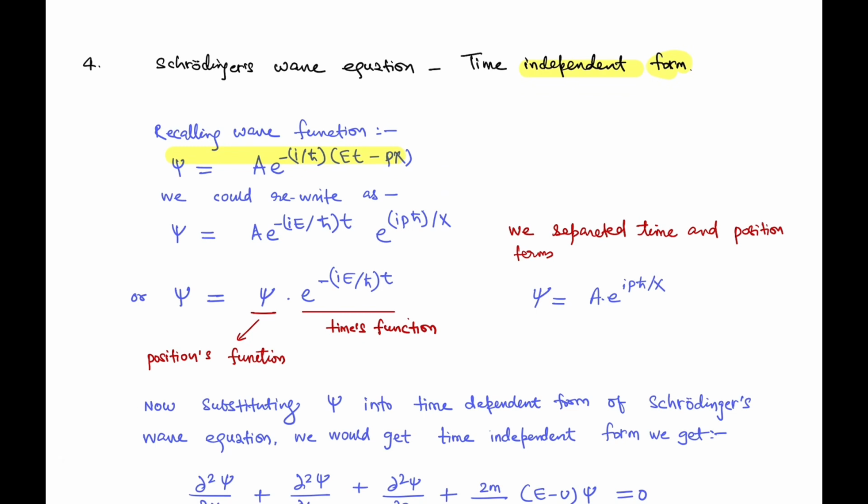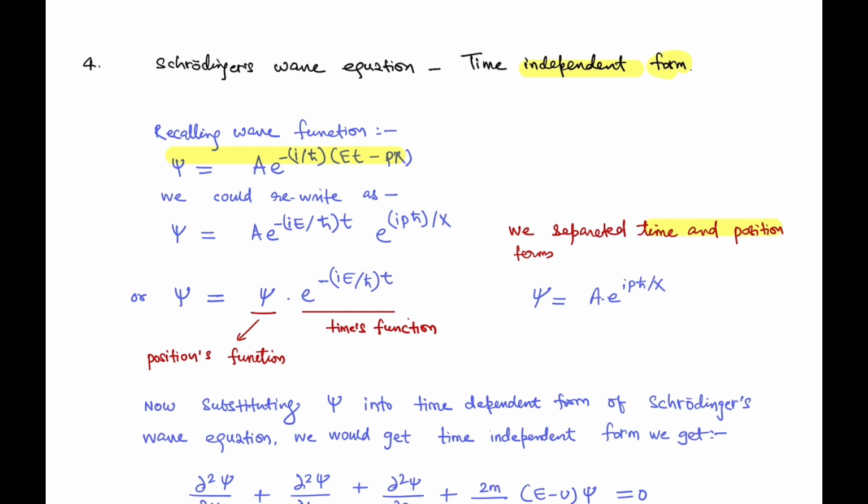So when we separate, just by rewriting it, not doing anything extra, we rewrite the wave equation as this. We separated the multiplied terms and it became A exponential minus iota divided by h bar, bracket closes, E t, into exponential iota p by h bar x. Okay, we are just separating time from the position terms here.